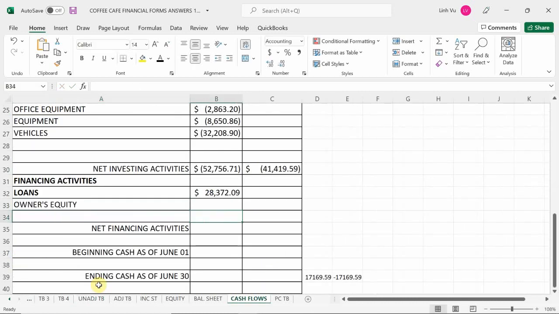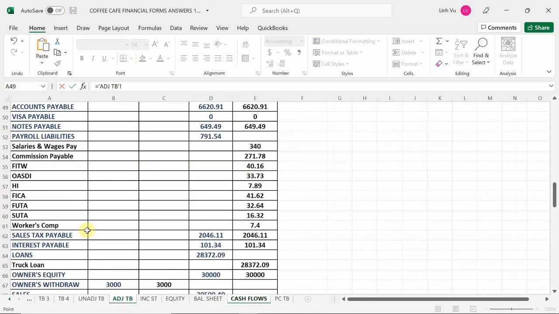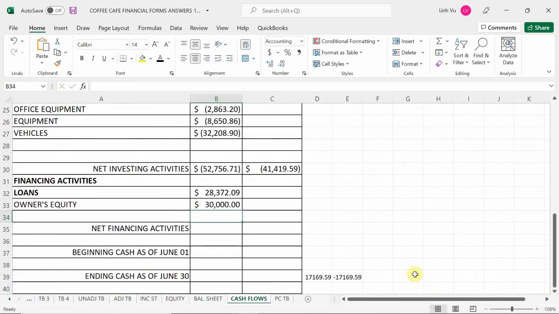Since we had to invest our own money into the company, how much money did we invest? Well, we invested $30,000 into the company.